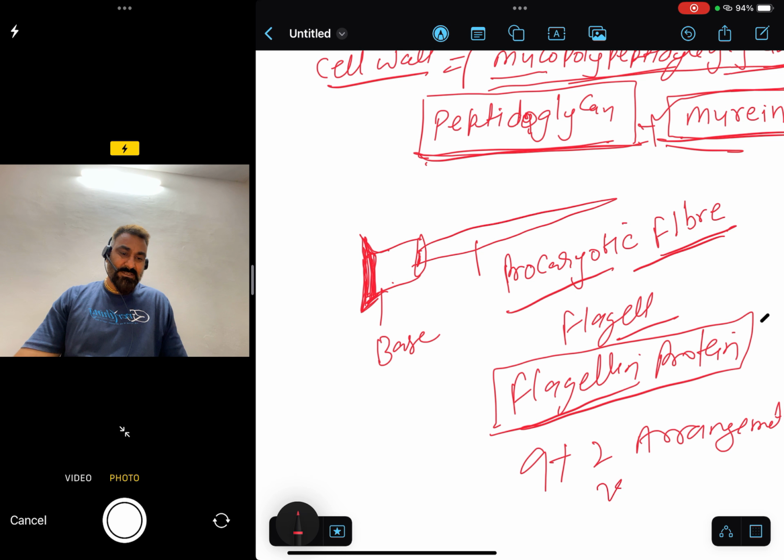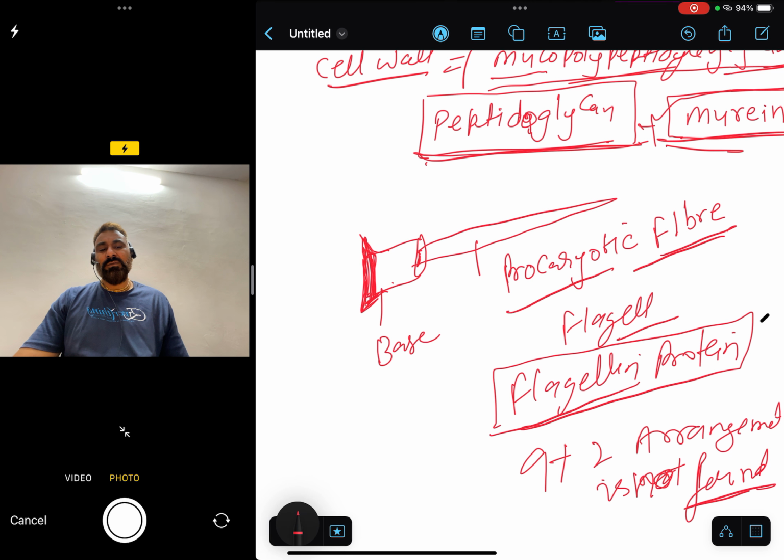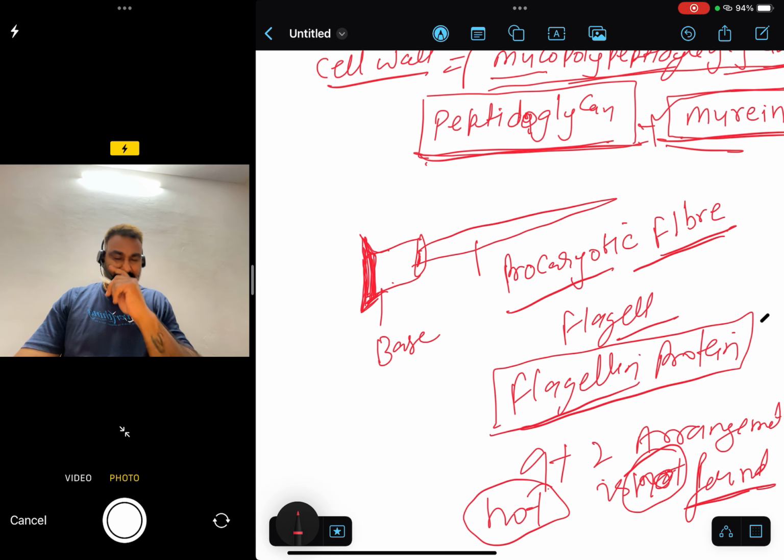Not found. Very important word. So this flagella, this structure is fixed, and this structure rotates upward, backward, forward, in any direction, and also rotates centrifugally.